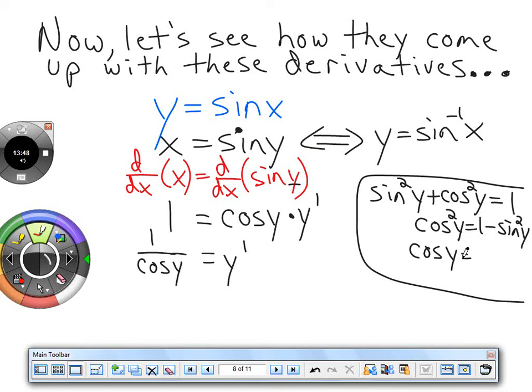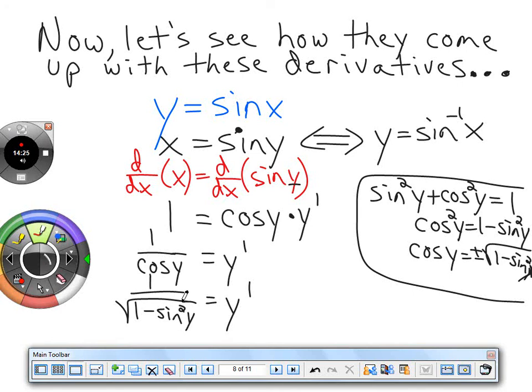So cosine y would be plus or minus the square root of 1 minus sine squared y. Sorry, that's a little messy there. So what I want to do is replace cosine y with just the positive. So I'm going to say y prime equals 1 over the square root of 1 minus sine squared y.